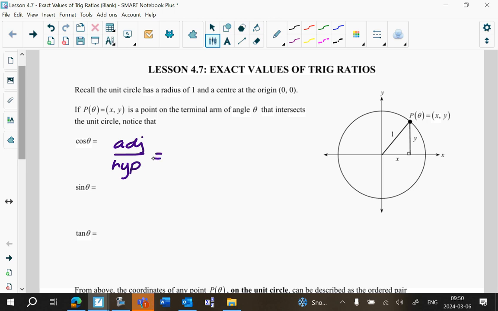So yes, on the unit circle, if we want to find the cosine of whatever this angle is, it's going to be the adjacent x over 1, which is just x. So for sine, it would be opposite over hypotenuse, which is y over 1, which is just the y value.